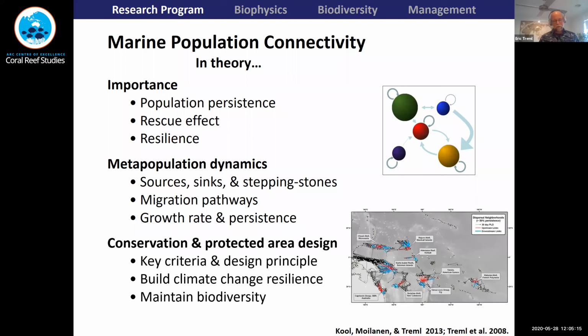Certainly, if you look at any local, regional, national, or international literature or policy framework on conservation and protection, connectivity plays a prominent role. Of course, it's not the only role, but it's often highlighted as a key or critical design principle, for example thinking about where the upstream and downstream linkages are for areas of interest.